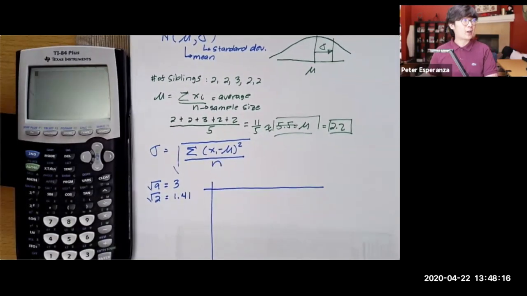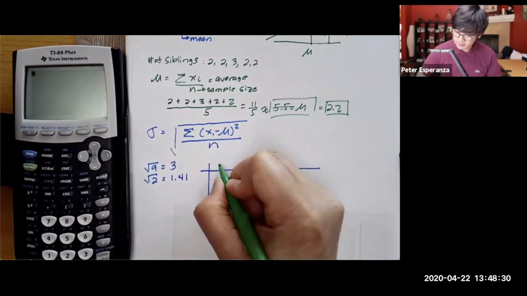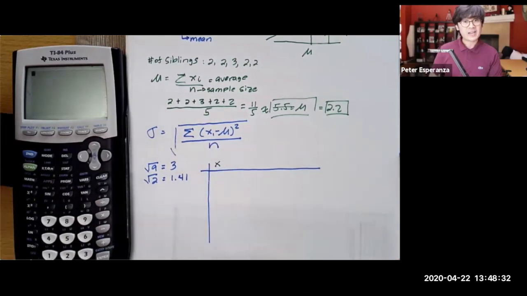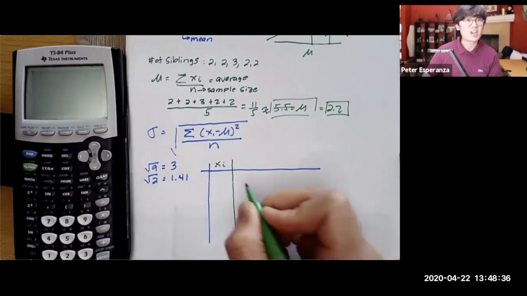All right. I hope that you can draw a straight line. That's your first challenge for today. If you can draw a straight line, we'll be able to create our table without a straight edge. The first thing that we need to do is to write down our x sub i, and these are the given values.